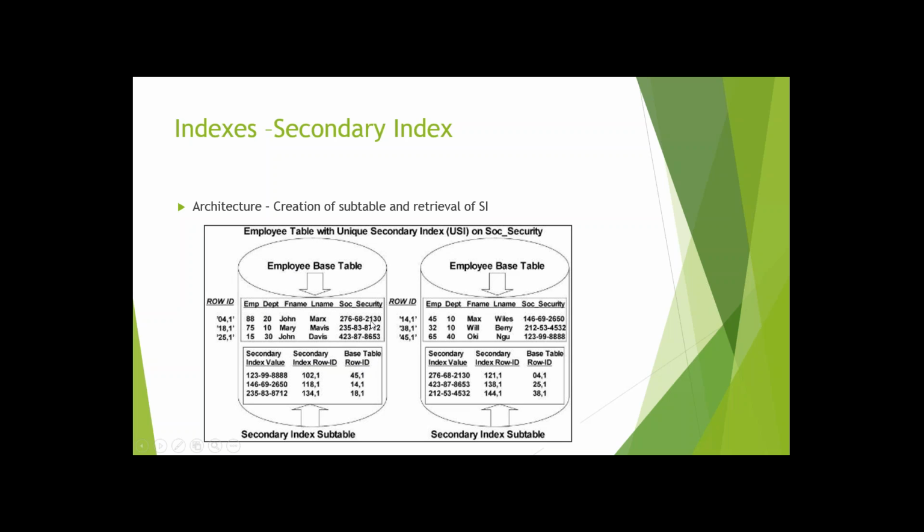So using the secondary index, it is going to go to these three things. It is going to say that, okay, this is stored in AMP2, but the base row ID 0401 is actually stored in AMP1.